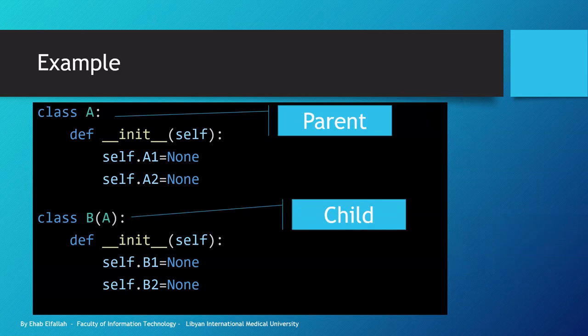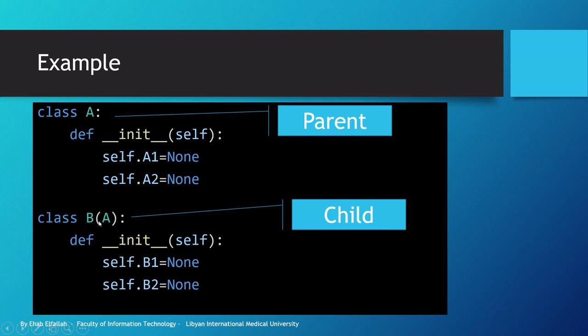So, for example, if we have two classes, here we have a class A. This is considered the parent class. We have two attributes in this class A, the first one A1 and A2. And we have another class, the child class. So how does class B inherit from class A?